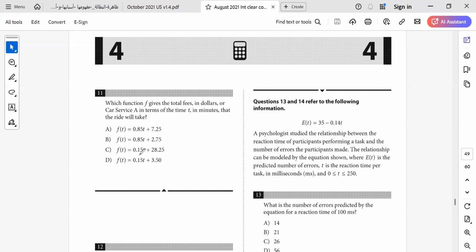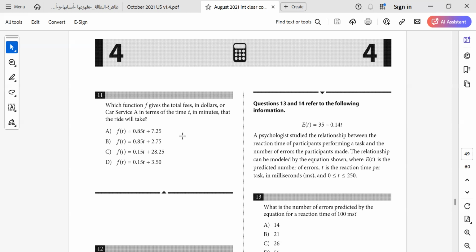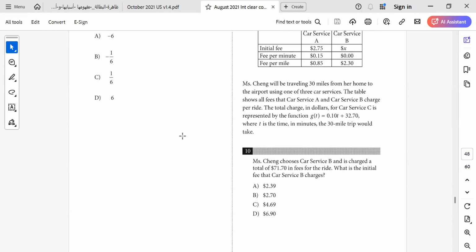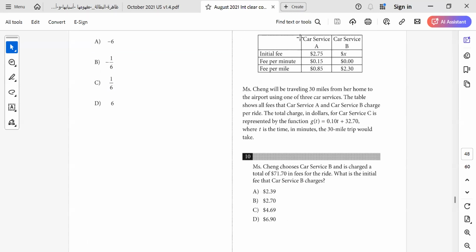All the equations are linear, right? It asks which function f gives the total fees in dollars for car service A in terms of t, the minutes. Okay, I'll go to the table. I'll find the y-intercept and the slope. Where's the table? You need it for A. How can you find the slope?